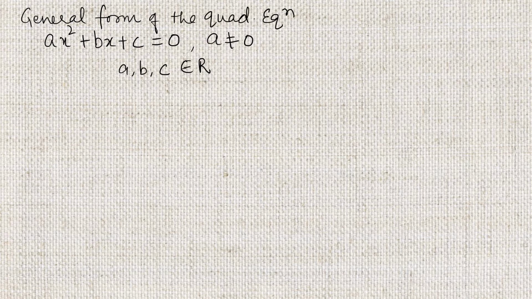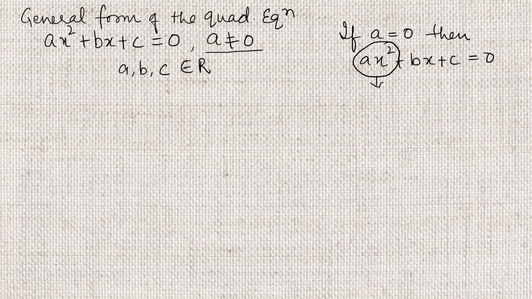Now, why have I written a not equal to 0? Because if a is equal to 0, then in the equation ax square plus bx plus c equal to 0, this term will be equal to 0. You are left with bx plus c equal to 0.